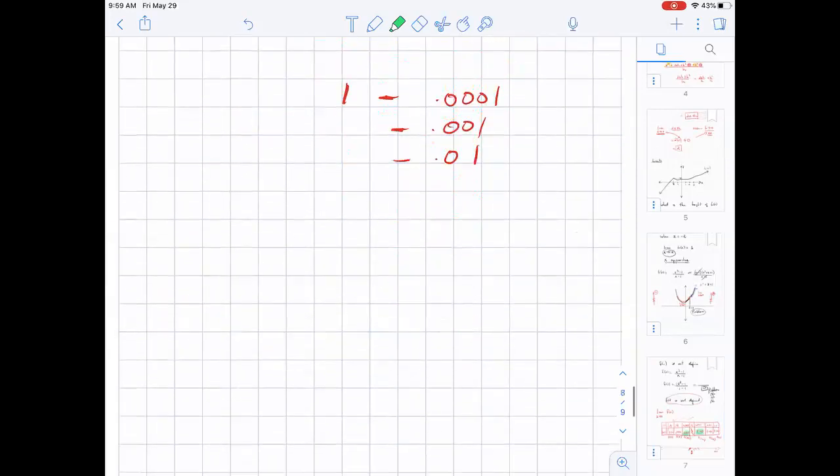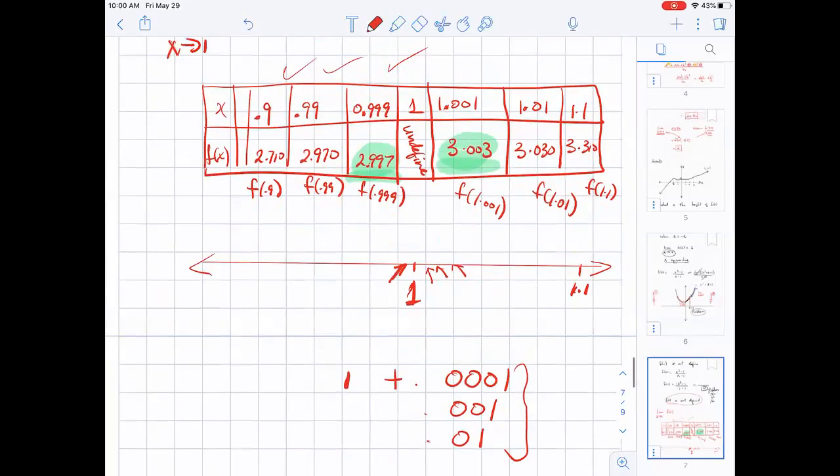So the limit as x approaches 1 of f of x, x cubed minus 1 over x minus 1, is equal to 3. Why? Because this value is very, very close to that value. If this was -3 and this was positive, then they don't meet. They have to be very, very close for it to say they meet.